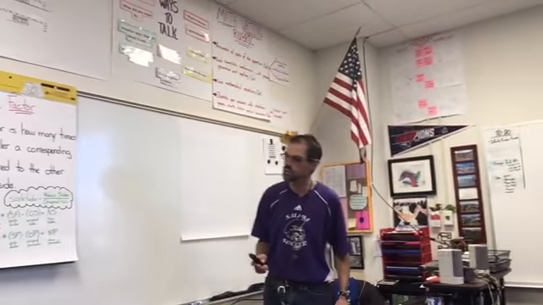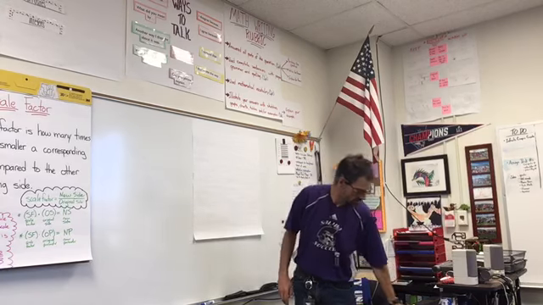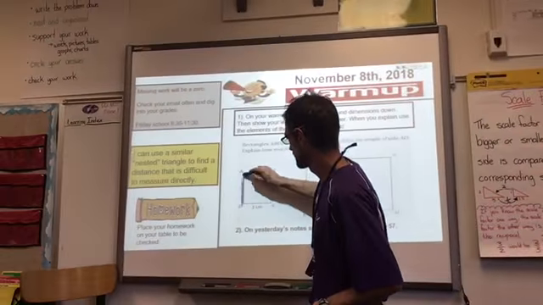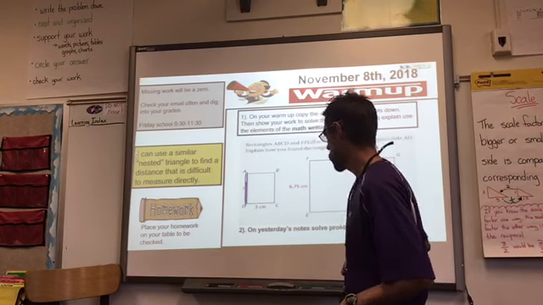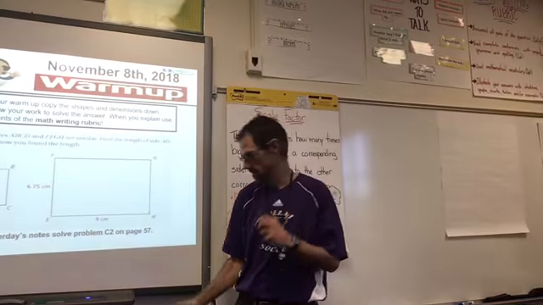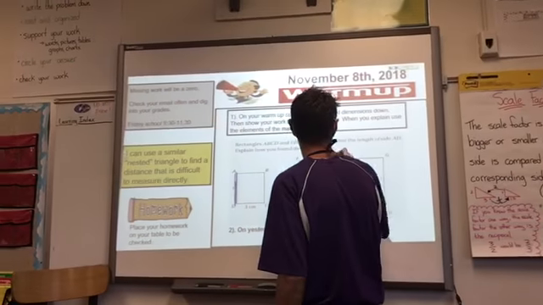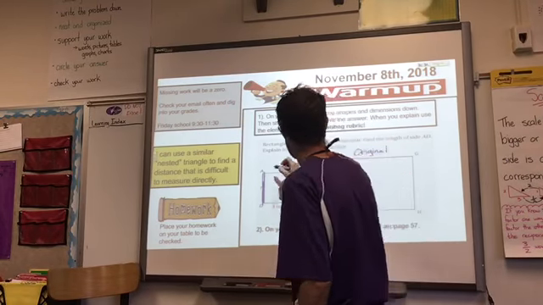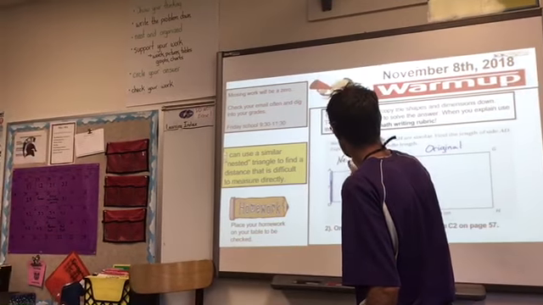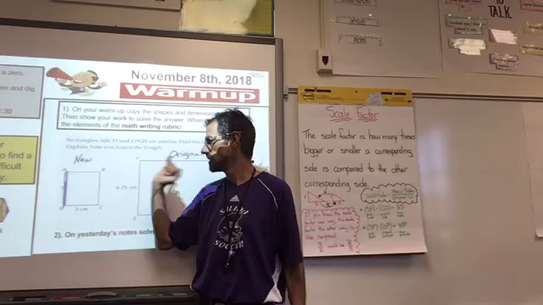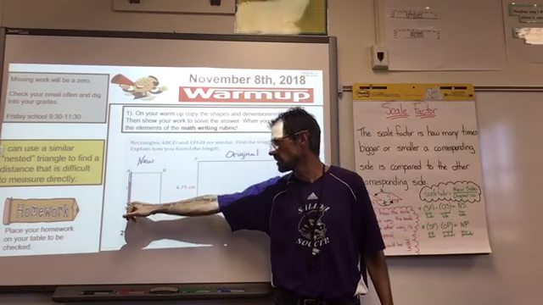Talk to your partner. Which one's the original? Which one is the new? New one is ABCD because it has all the scale. There's a missing value. So we almost all identified the side I'm looking for.